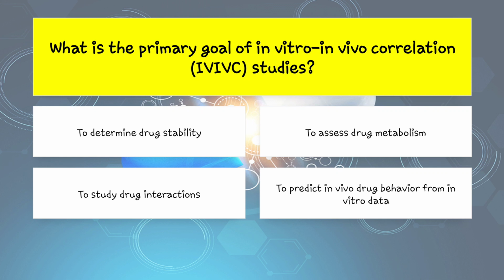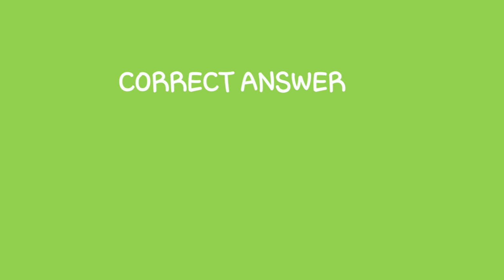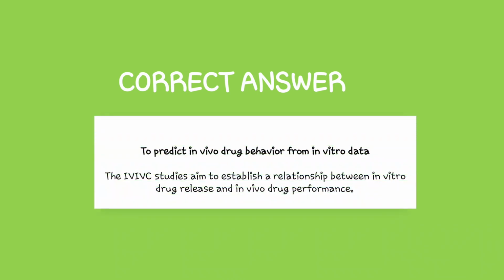And your time begins now. Time up. The correct answer for the question is to predict in vivo drug behavior with in vitro data. Okay, so IVIVC studies aim to establish a relationship between in vitro drug release and in vivo drug performance.